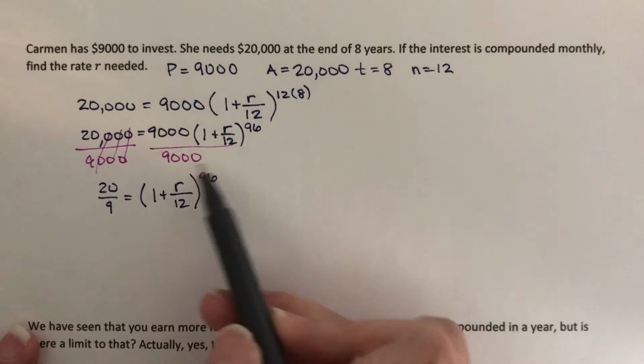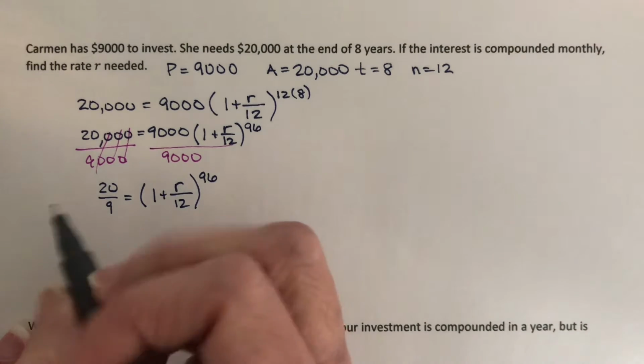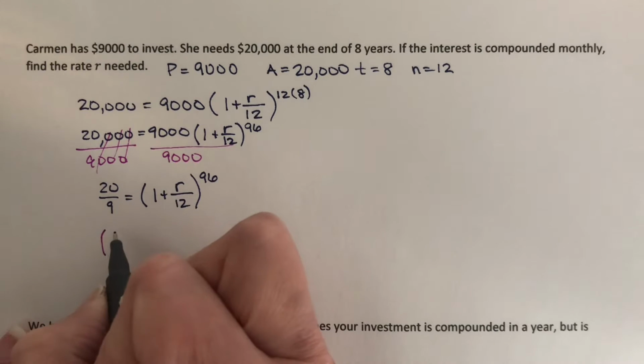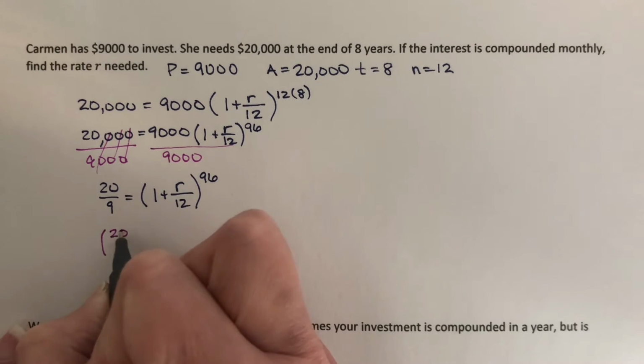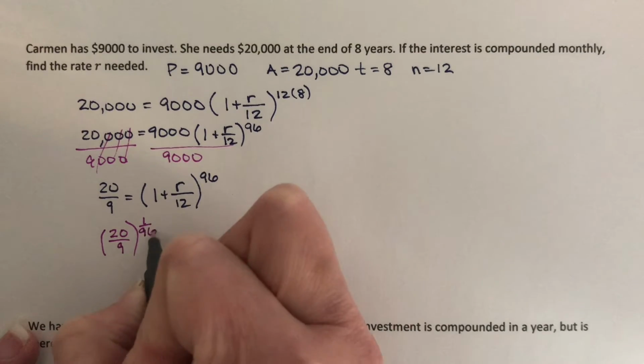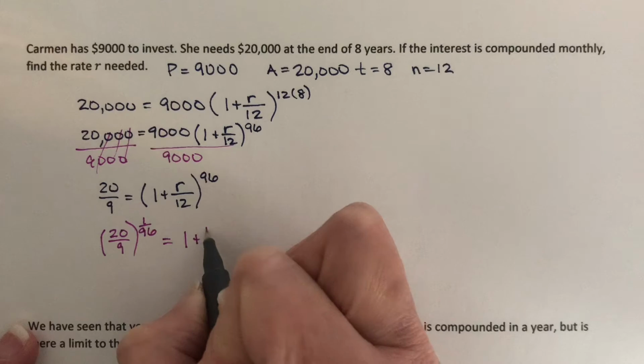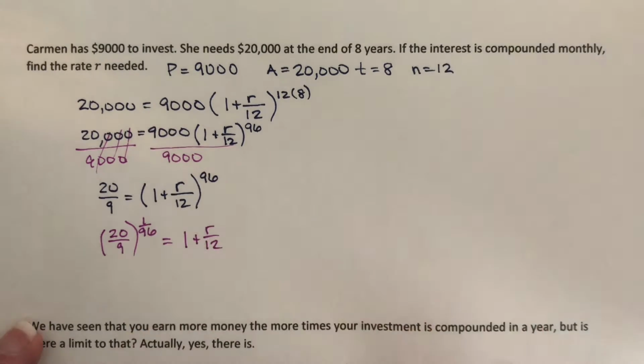Now, to get rid of a power here, what you technically do is take the 96th root of both sides, but that's the same thing as raising both sides to the 1 over 96th power. So this is the same thing as 20 over 9 to the 1 over 96, and that's going to equal 1 plus R over 12.